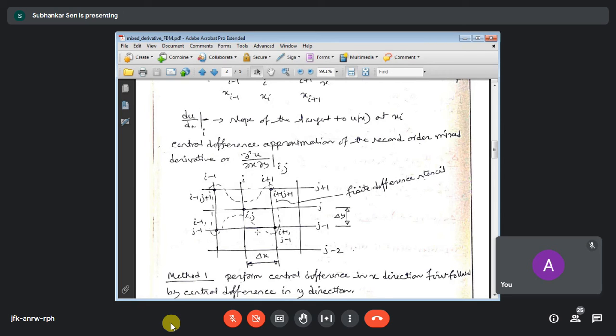These are the remotest neighbors. If you consider this rectangle, these 4 vertices of the rectangle are the remotest nodes with respect to this point. In the case of mixed derivative, they become very important. This mixed derivative can be evaluated by a simple forward difference, by a simple central difference, or by using the Taylor's method.